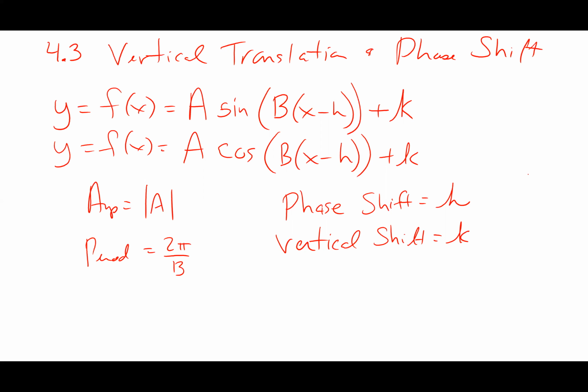So when you say phase shift, you're talking about shifting left to right? Yes, phase shift is left to right, and vertical shift is up and down. When you say if it's negative h, isn't that actually going to the right? Yeah, absolutely. Same rules apply, same everything.